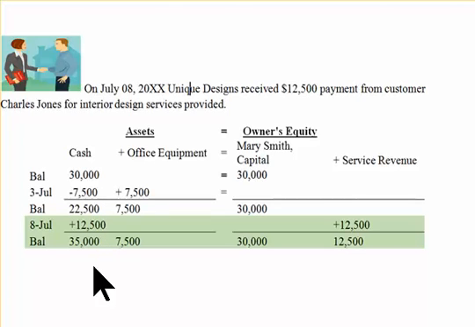Watch the balances. Now the balance of cash went up to $35,000. The office equipment remained the same at $7,500. And now on our owner's equity side, we have the capital of $30,000 and the revenue of $12,500. So the business obviously is in full swing, which is terrific.